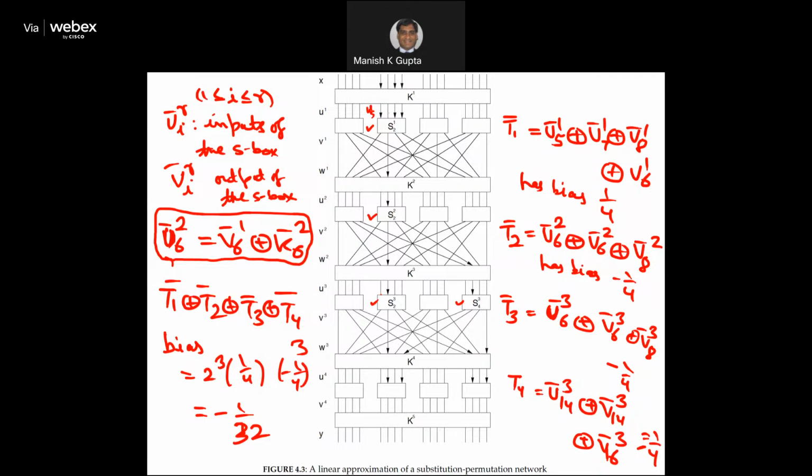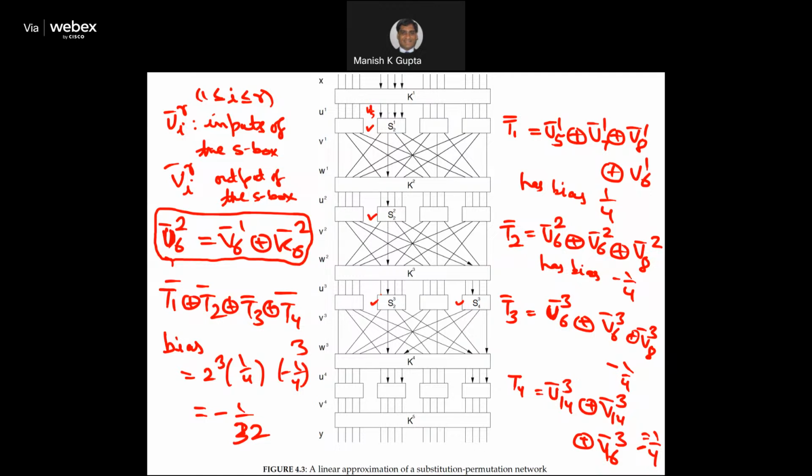So I can just compute everything like that. So T3 is U63 plus V63 plus V83. Then you compute the bias, which turns out to be minus 1 by 4. And for T4, the fourth one, we have this expression. By observing the picture, you can compute it, and then you can compute what is the bias, right? So basically, we have all the 4 variables here, okay?